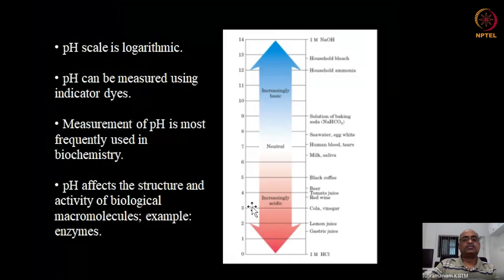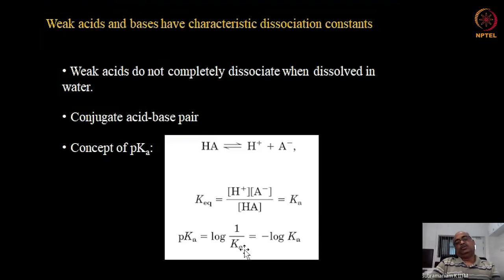This cartoon explains the range of pH of the common items that we encounter every day. All right. So unlike the strong acids, remember yesterday I was telling a strong acid or a strong base is something that completely dissociates, like hydrochloric acid as a strong acid example, and sodium hydroxide as a strong base example.